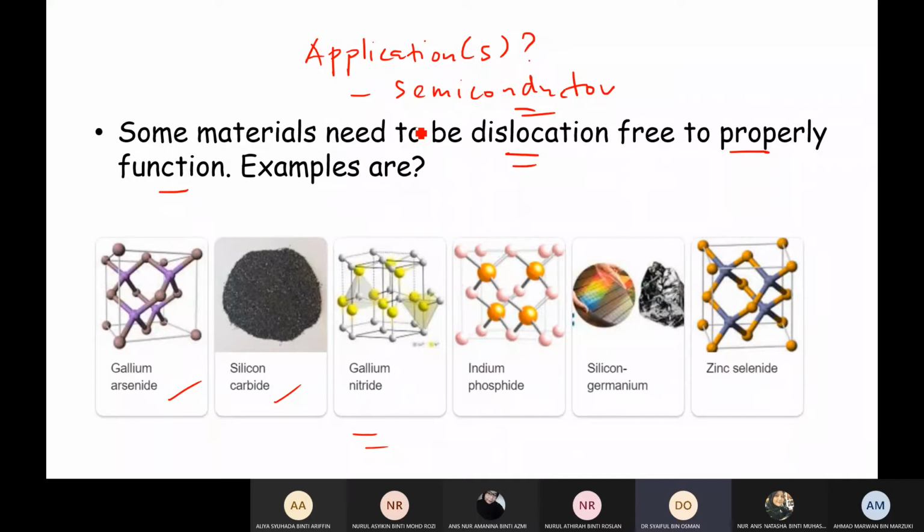Some materials, we need that material to have dislocation for specific type of application. And some materials, we need that material to be dislocation free to properly function. So you really need to know how and when we need to introduce defect in material. It all depends on the application, right?